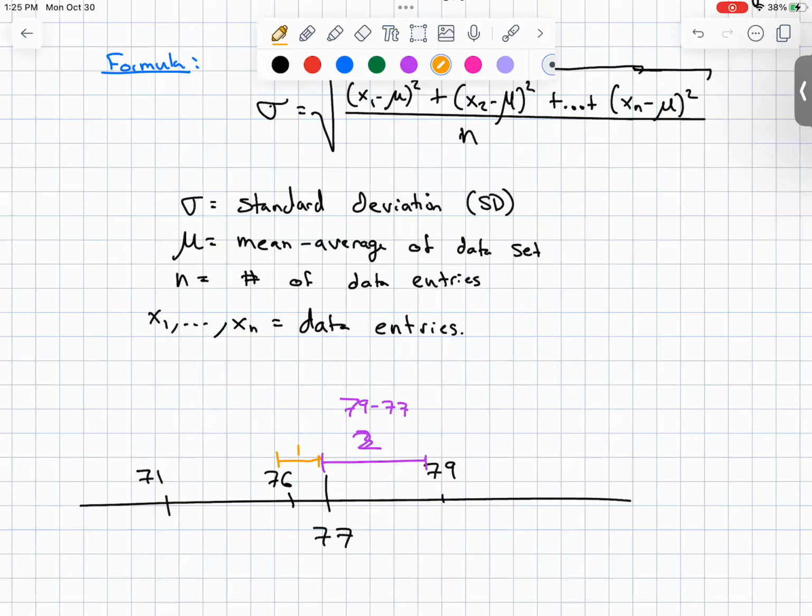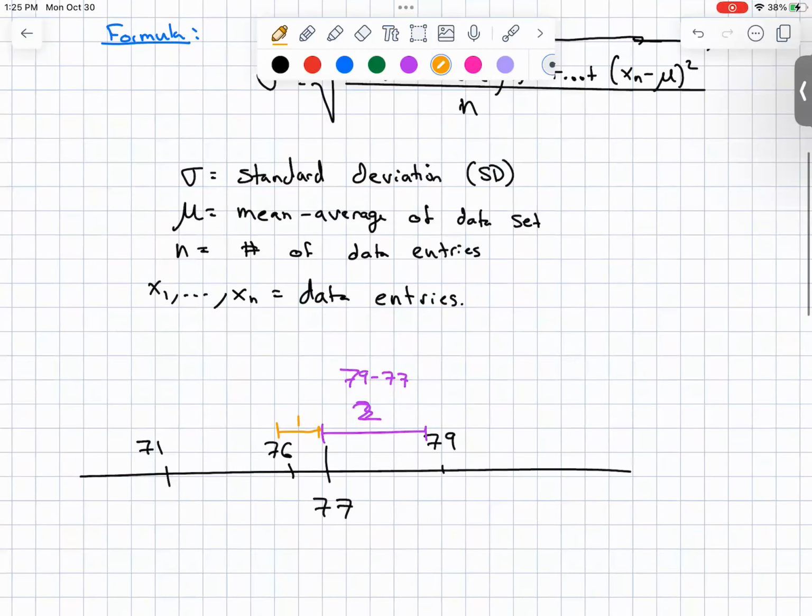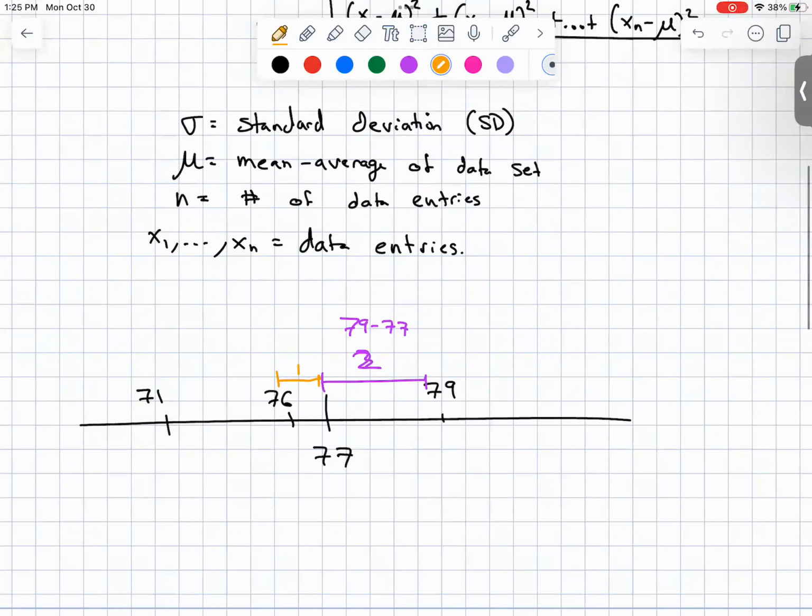So the first thought in trying to figure out the averages of these things would be, okay, we'll take the distance of the first set. So x1 minus mu plus x sub 2 minus mu plus dot dot dot plus x sub n minus mu, and we'll divide that by the total number of data values.